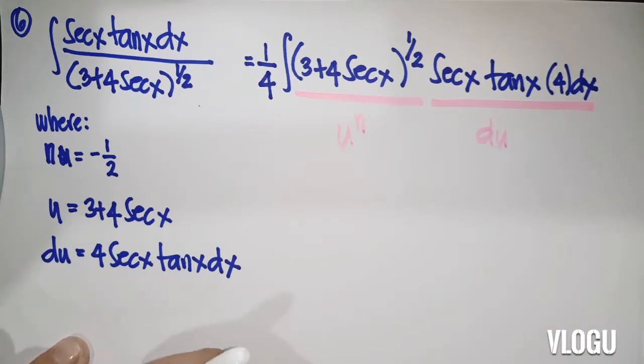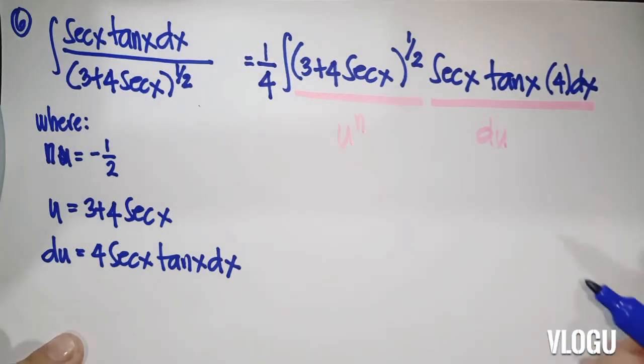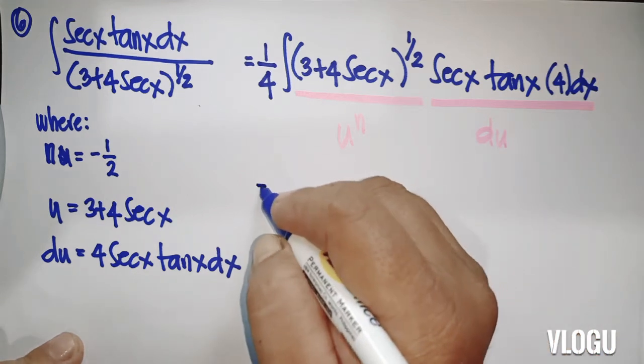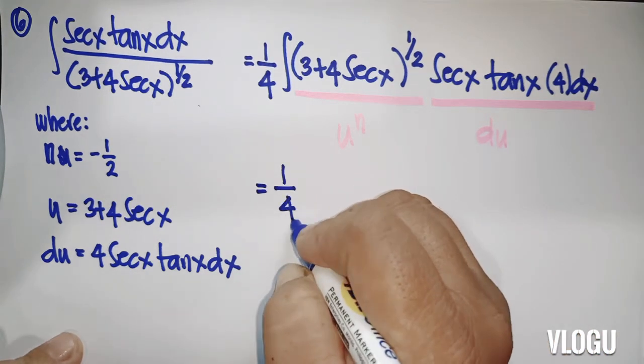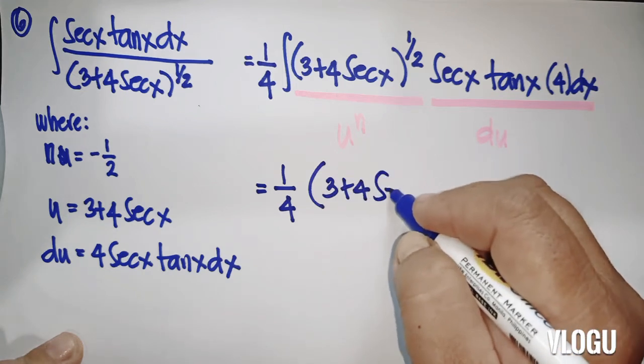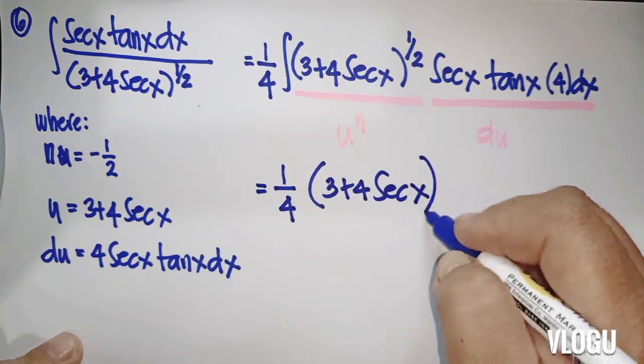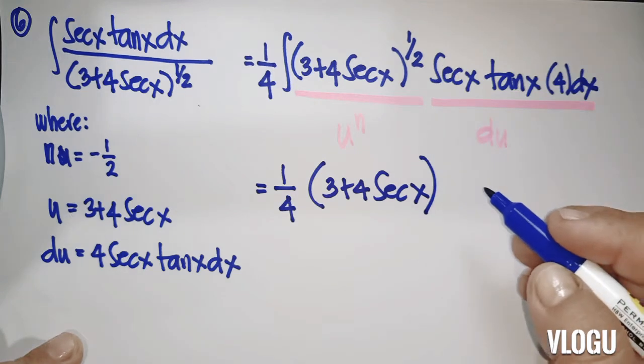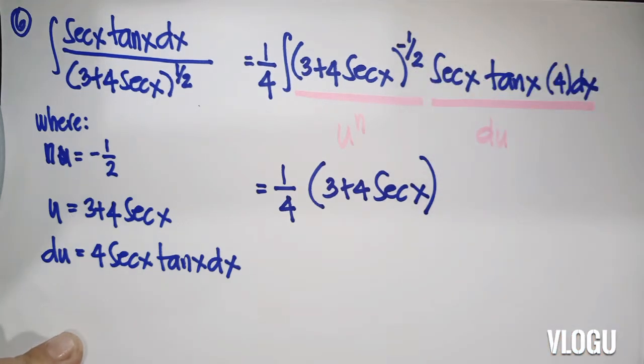So therefore, we have 1/4 times 3 plus 4 secant x. This is negative because we bring that up.